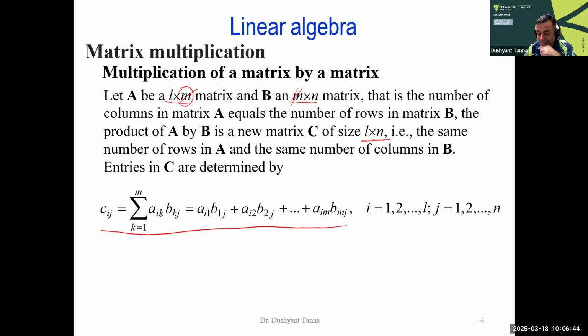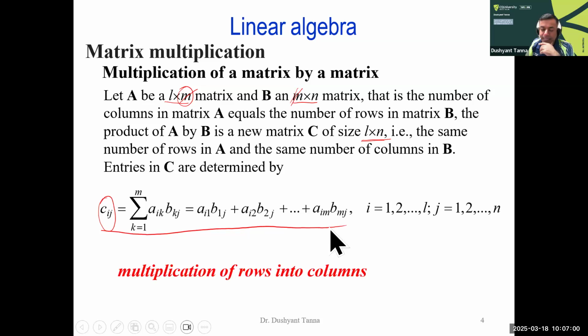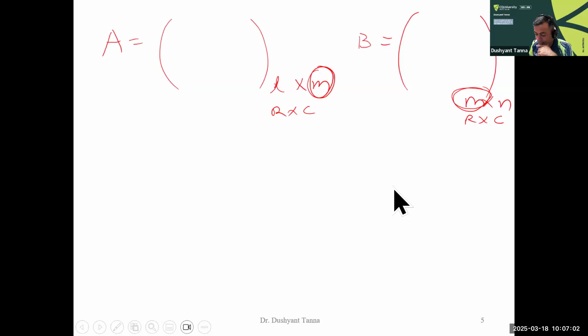So each element of the new matrix C is composed of multiplication of elements of A and B, and they're added together. I won't explain it now, but let's have a look at that one.